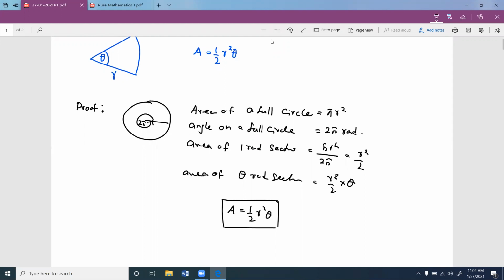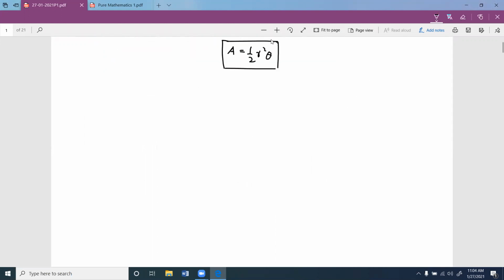Right. Then let's go ahead with one question and try to understand what kind of shapes they can ask you. They might give you a question somewhere like this. They have given an arc sector. This is 5 meters and this is 0.8 radians. They ask us to find the area.